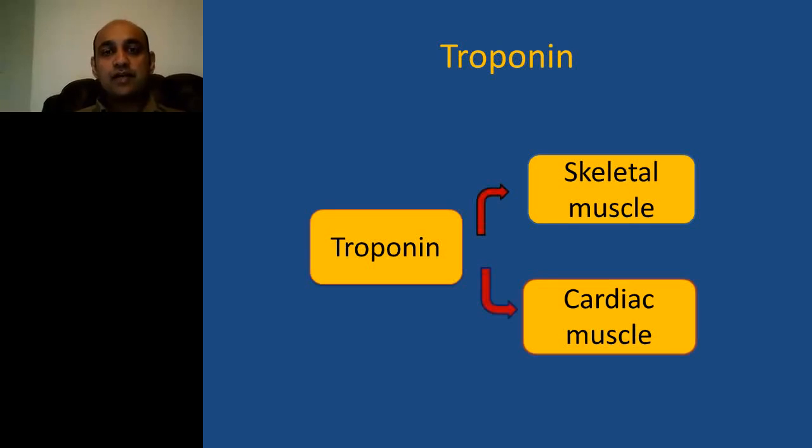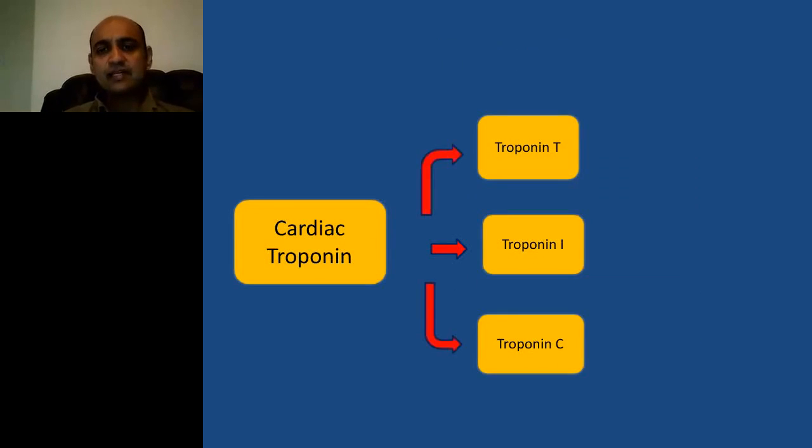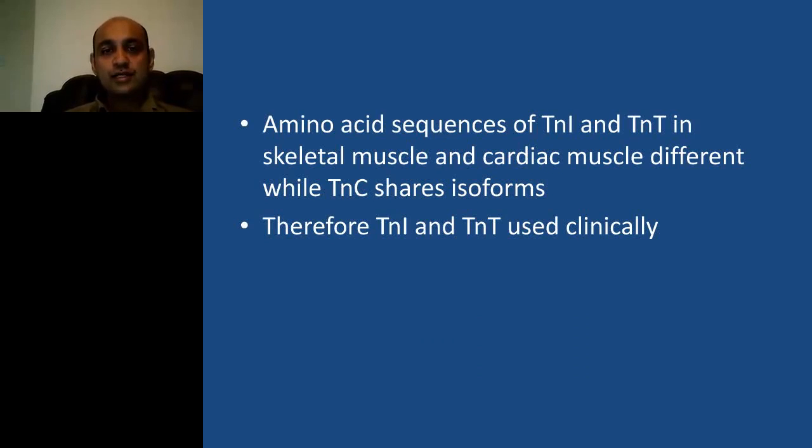So we all have come to recognize troponin, and it's found in different forms and different places: cardiac muscle being one of them, and skeletal muscle being the other. There are chiefly three isoforms of troponin: troponin T, troponin I, and troponin C. Of these three, troponin T and I have sufficient differences between the skeletal muscle and the cardiac muscle isoform, so that's why they are used in cardiac diagnosis.